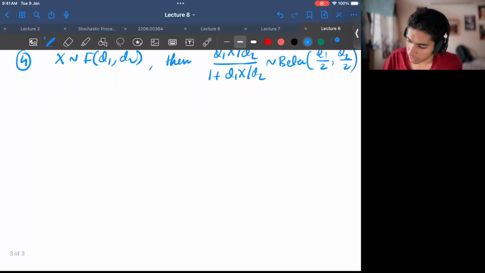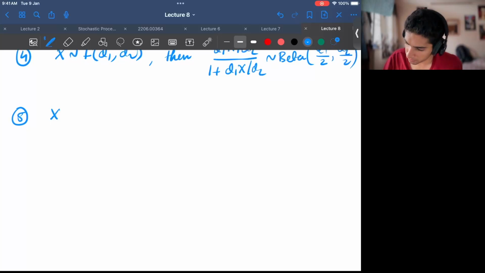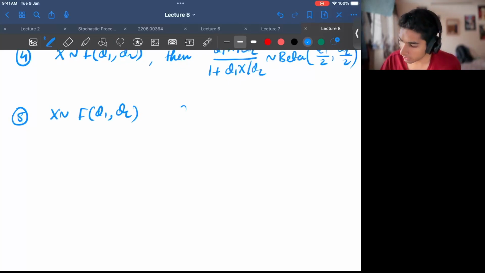Let's look at some other properties of the F distribution now. Let's look at this fifth property. If X is distributed according to F d1 comma d2, then (d1 by d2) times X is distributed according to a beta prime distribution with parameters d1 by 2 comma d2 by 2.